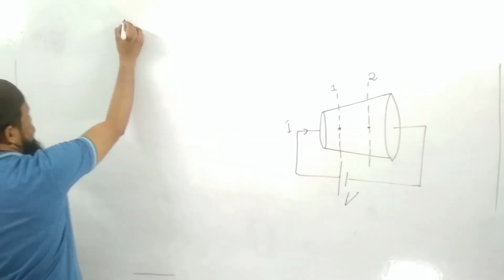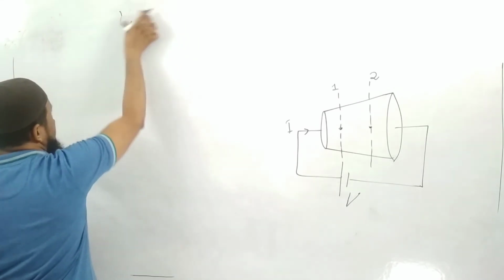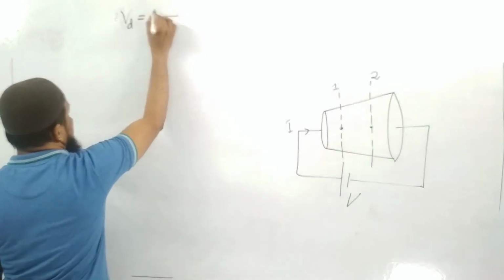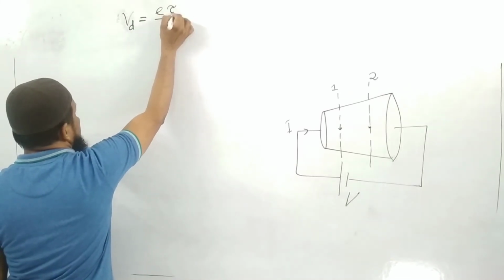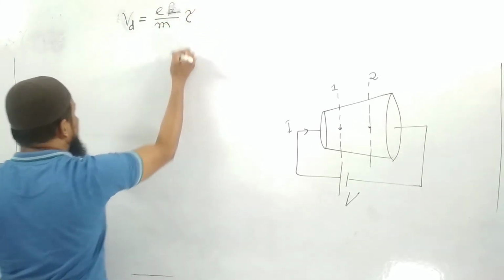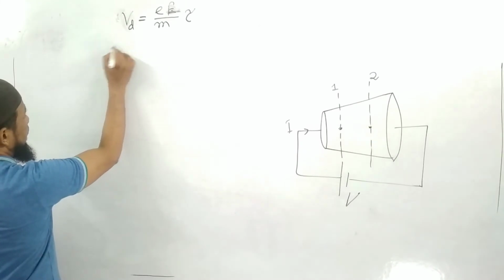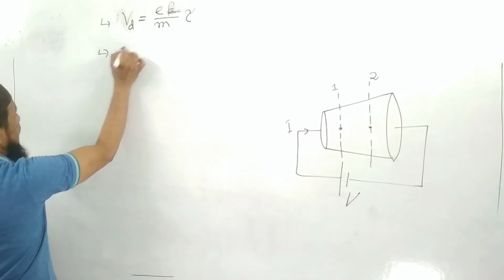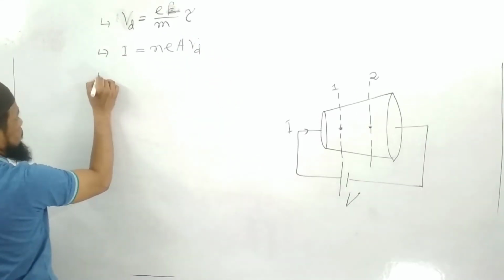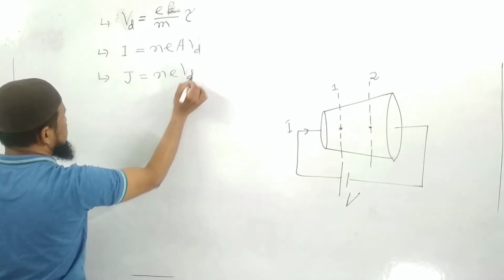So what relations have we got? Drift velocity, how much have we got? One relation is drift velocity equals capital E by mass into tau. After that, I is equal to NEA VD. Then J is equal to NEVD.